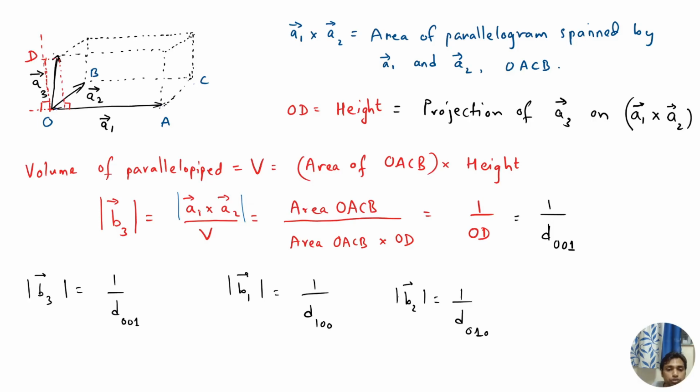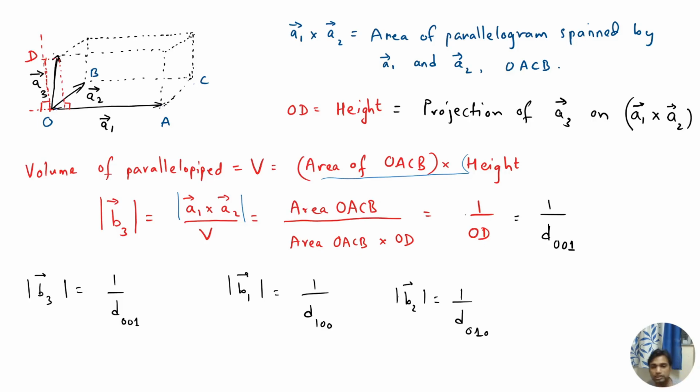The magnitude of A1 cross A2 is the area OACB, and the volume is the area of OACB times the height OD. You put this in place of the volume and you get this expression. The area of OACB cancels, and what you have is 1 by OD.